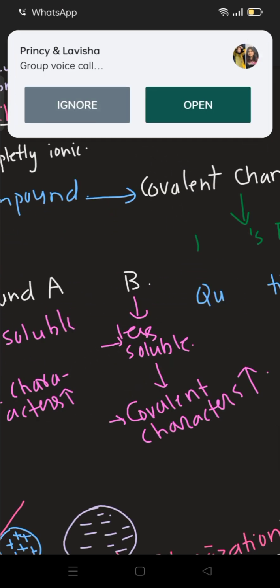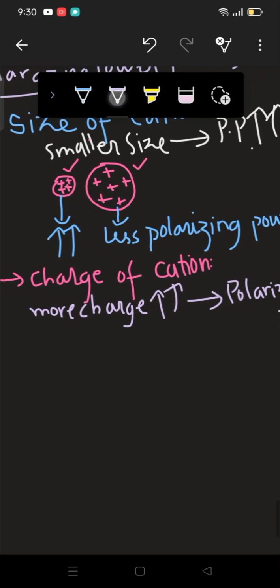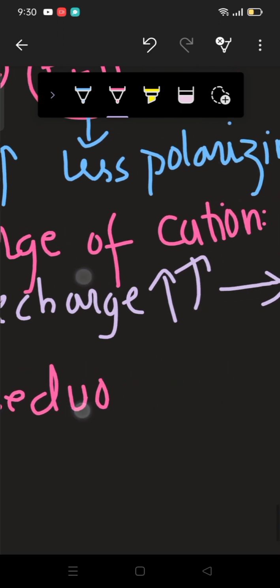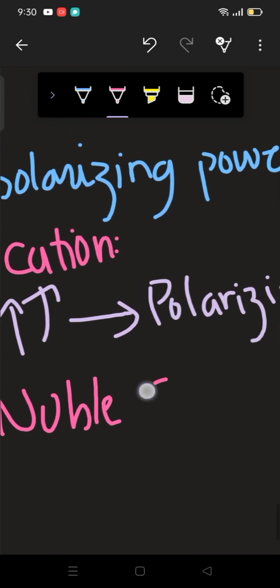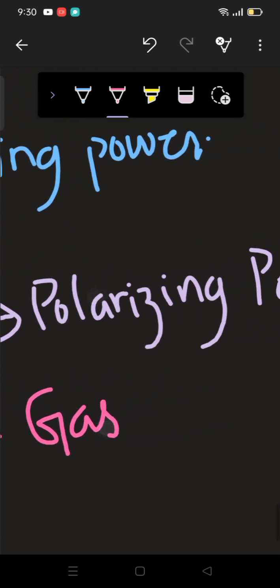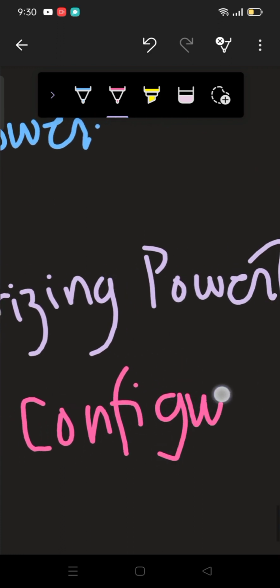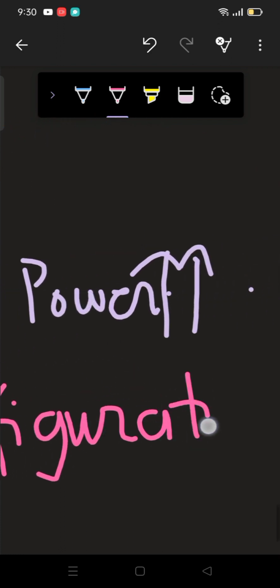Now let's talk about the last one, which is pseudo noble gas configuration.